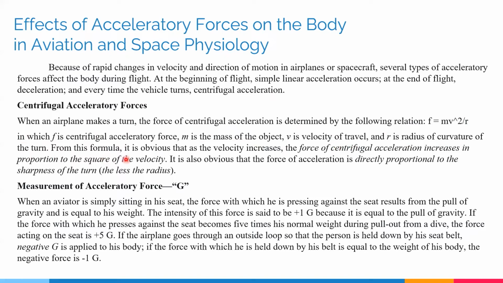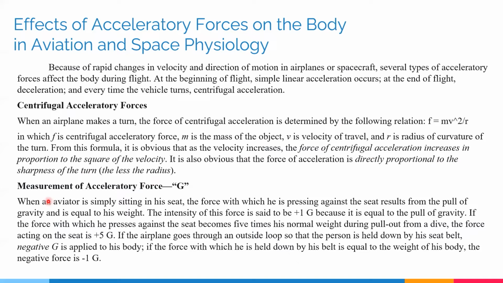From this formula, it is obvious that as velocity increases, the force of centrifugal acceleration increases proportionately to the square of velocity. It is also obvious that the force of acceleration is directly proportional to the sharpness of the turn, or inversely proportional to the radius.